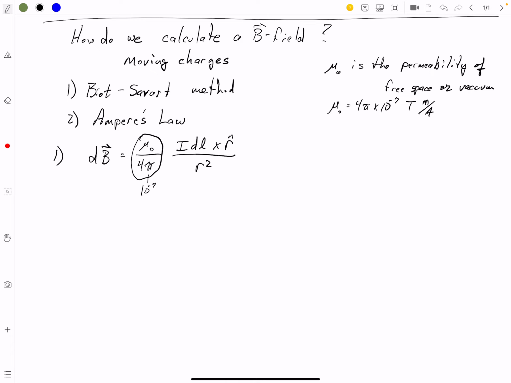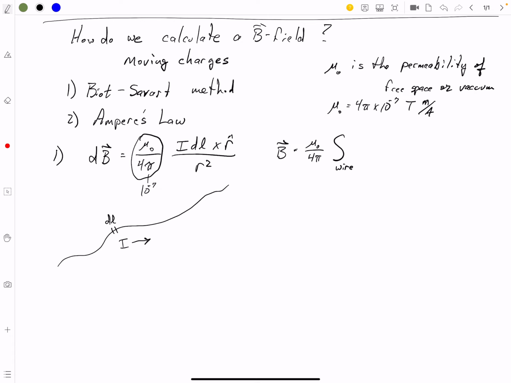So what did we do? We can then integrate, and we can say that our B field is equal to mu naught over 4 pi times the integral over the wire. Let's draw the wire. At every point along the way, we've got this dL, and we've got current going along the wire.